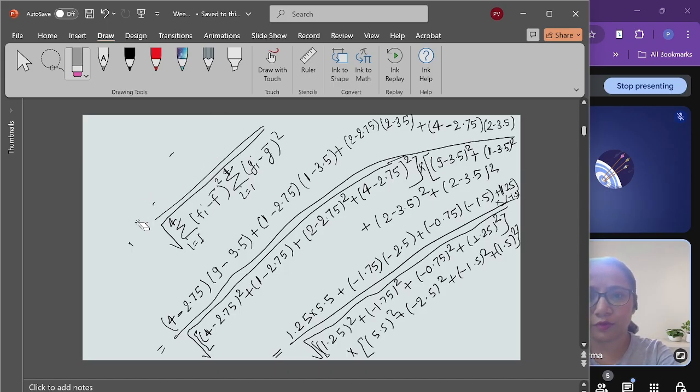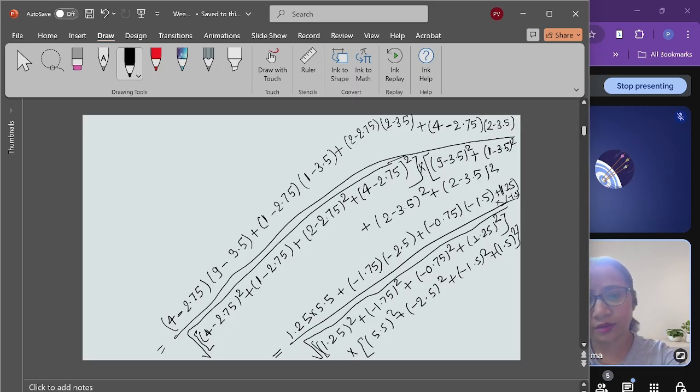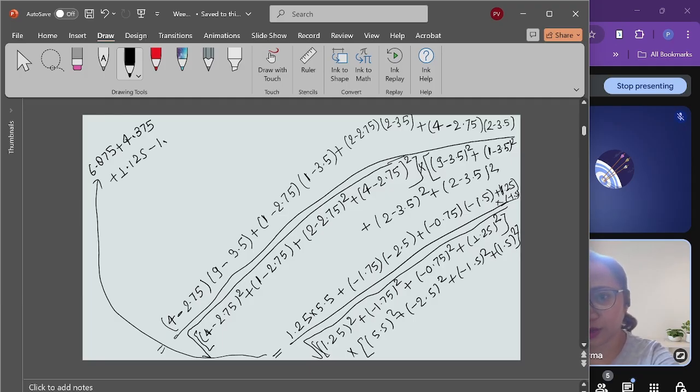After that I'm writing here and removing this formula. I hope all of you have noted it down. Okay, the values in the upper side you will get: 6.875 plus 4.375 plus 1.125 and minus 1.875.